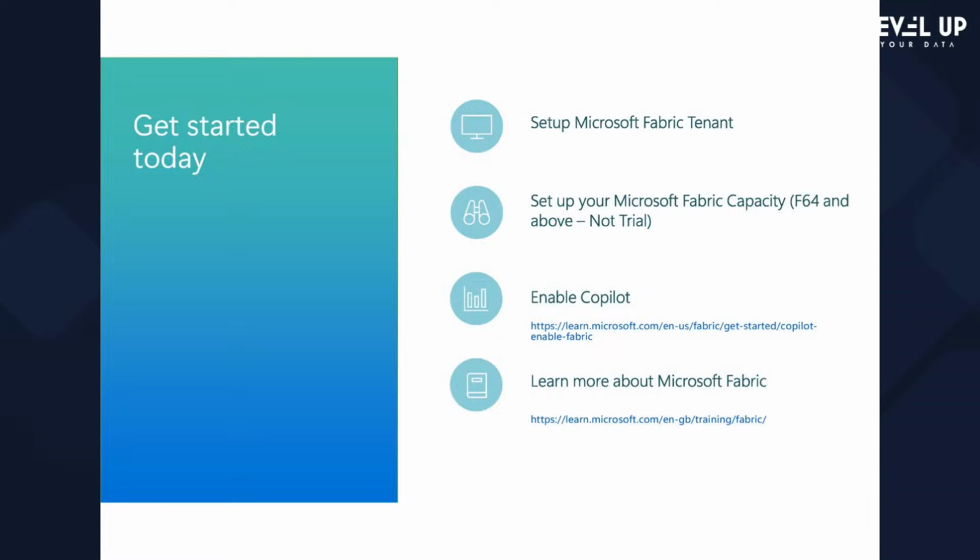In the Azure portal, you have to have a Fabric capacity that is either an F64 SKU or greater. The trials will not work with the Copilot experience at the moment. So when you're choosing your Fabric capacity, it has to be equal to F64, or greater than that. You can see it in the Azure portal. Let's go and share this screen.